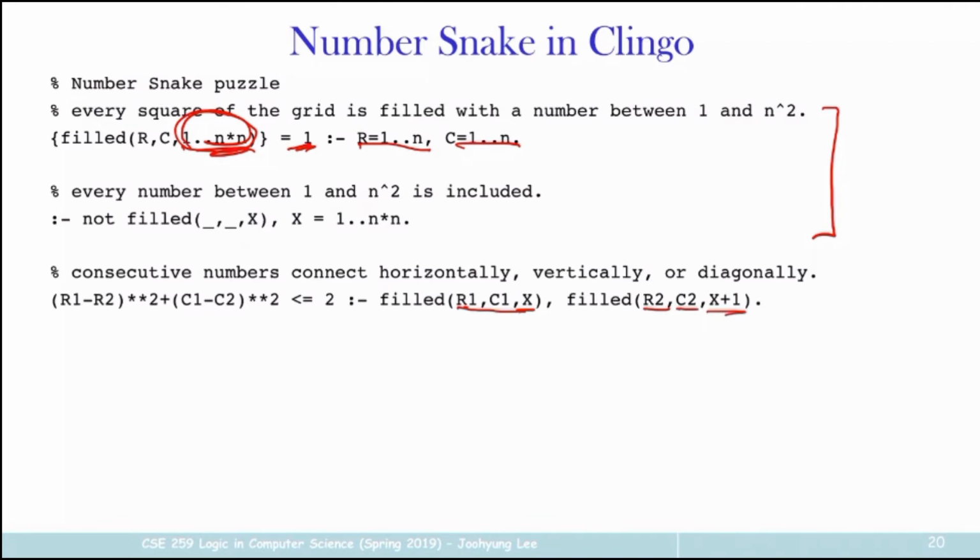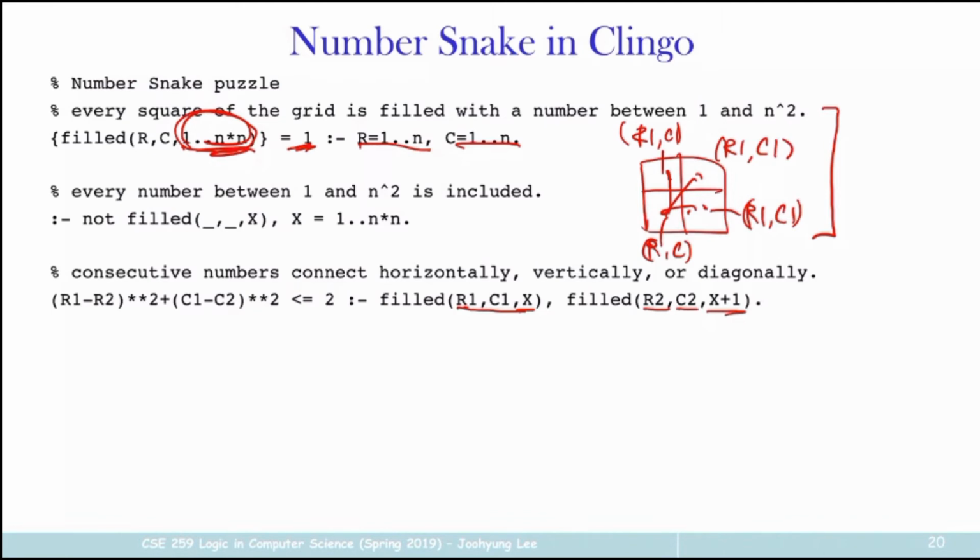So what does this mean? If you have the position here, the next number can be either here, here, or here. If you look at the distance between these two positions, suppose this is R, C, and the next position is R1, C1. It could be horizontal, vertical, or diagonal, but in every case the distance between these two coordinates is bounded by square root of 2.